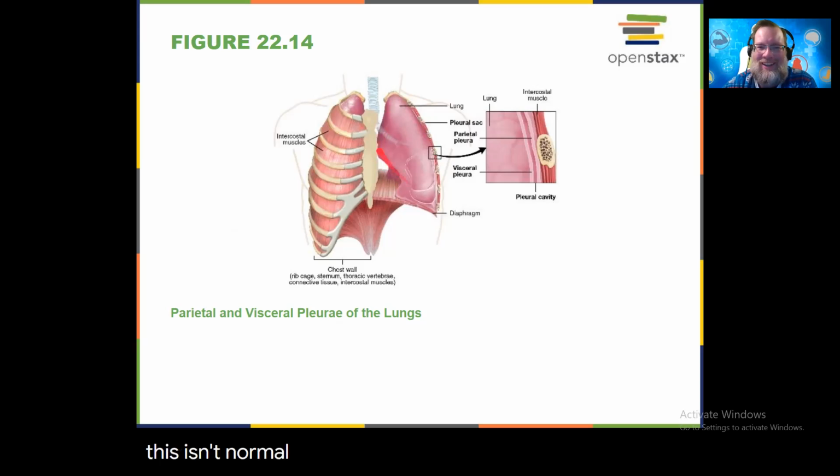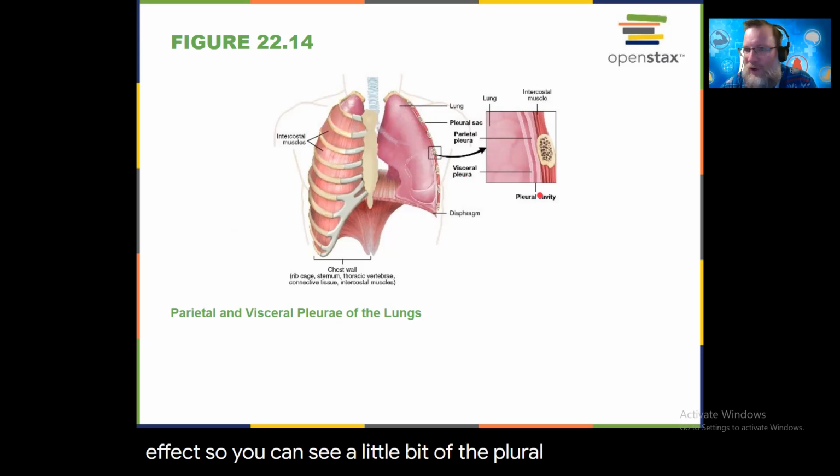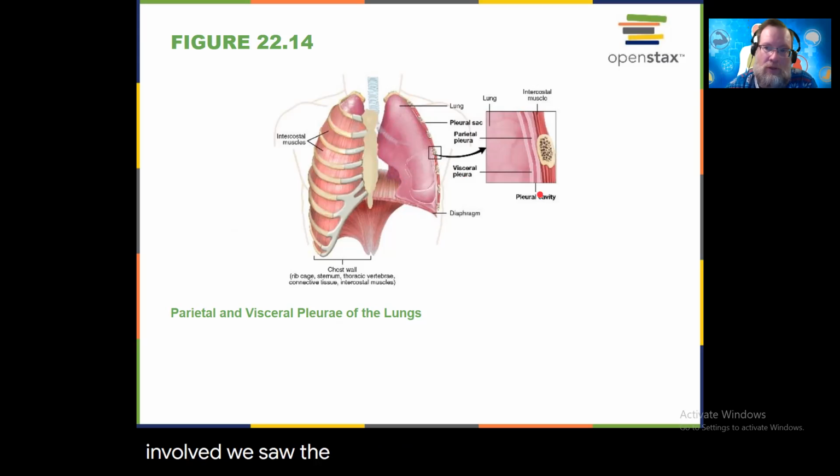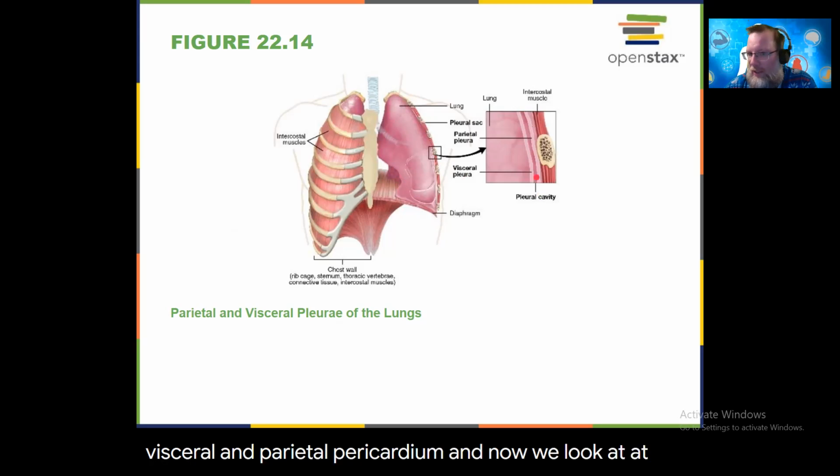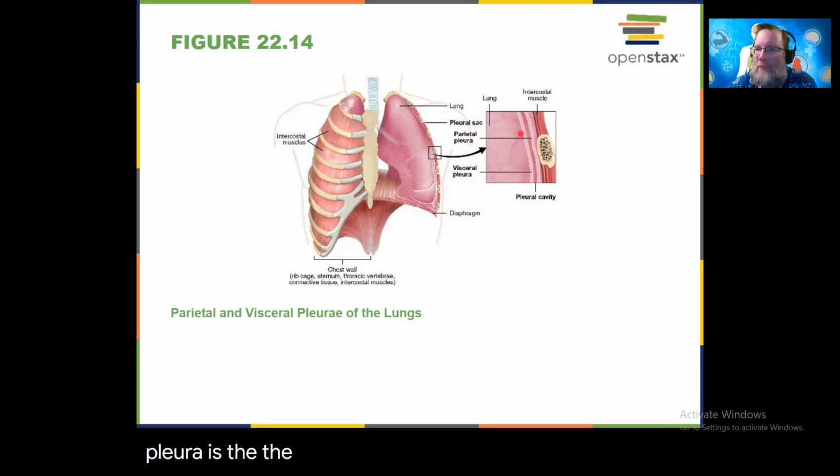The left side of the rib cage isn't actually gone. It's definitely there. We've just removed it for effect, so you can see a little bit of the pleural sac that's involved. We saw the pericardium with the heart, the visceral and parietal pericardium, and now we look at the pleura, the membranous double layer that we find with the lungs.